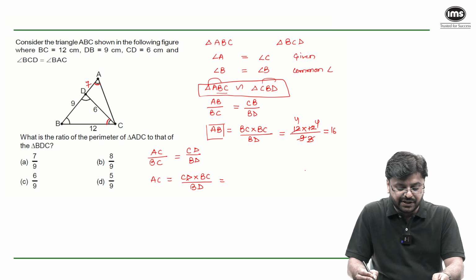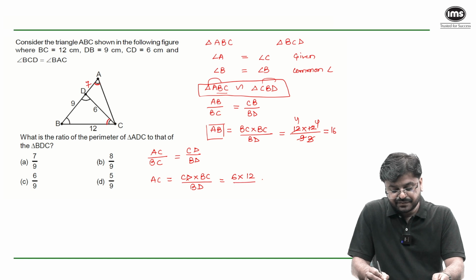The value of CD here is 6, BC here is 12 and BD here is 9. So it is 3 3s are, 3 2s are, 3 4s are. So AC is 8.